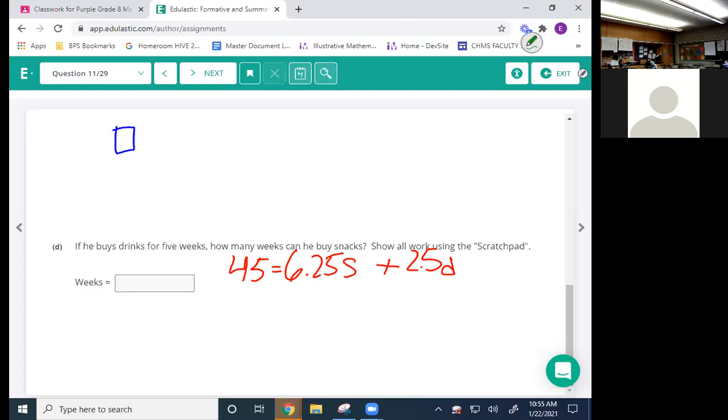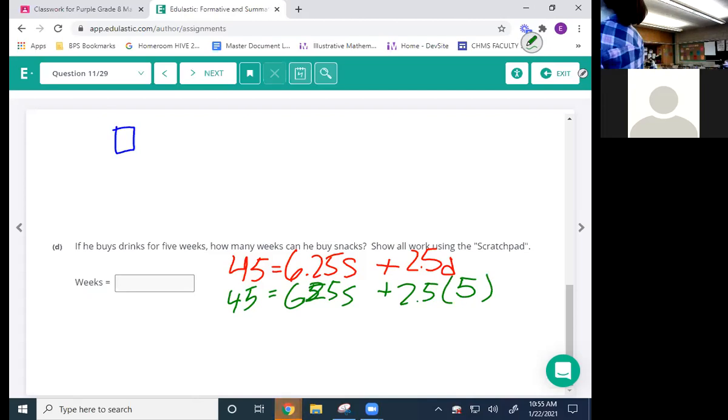Good. So we would say 2.5 times 5 plus 6.25 S is equal to 45. And I'm not going to do that out because that is simple arithmetic. So you would multiply first, and I have this written down, 2.5 times 5 is 15.